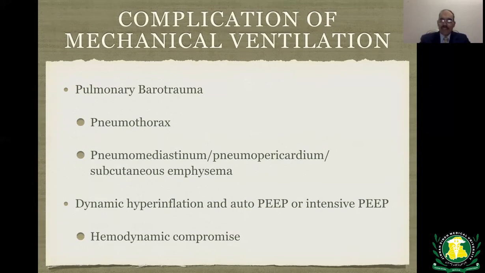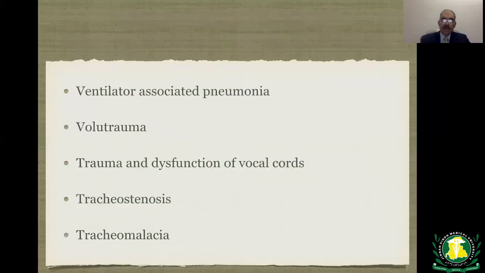With each successive breath, there is more and more air in the alveoli, and it causes lung distension, which decreases your venous return, that leads to decreased cardiac output, that leads to decreased blood pressure and tachycardia. Others include ventilator-associated pneumonia, trauma or dysfunction of vocal cords, and late complications such as stenosis of the trachea and tracheomalacia.